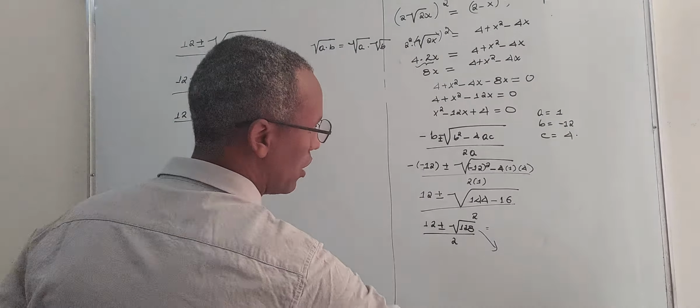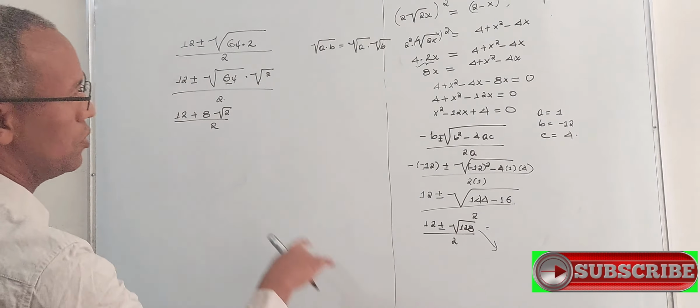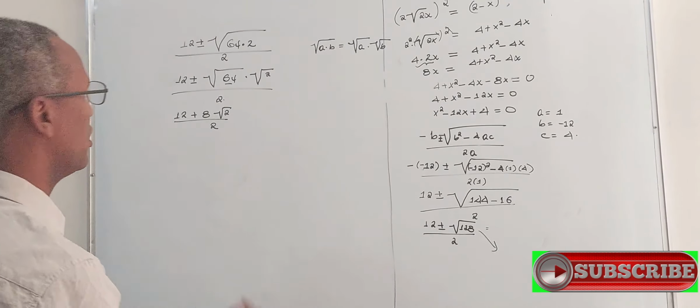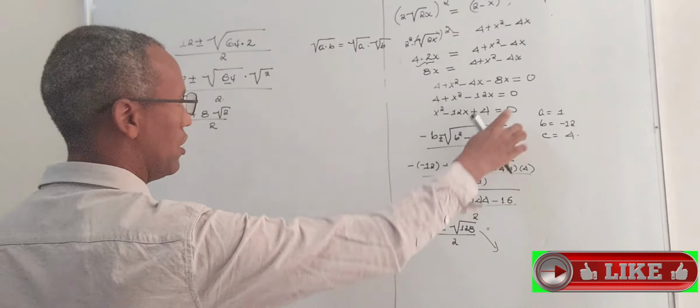Since we are using the quadratic formula, we don't need to use equal to 0, so leave it as it is.